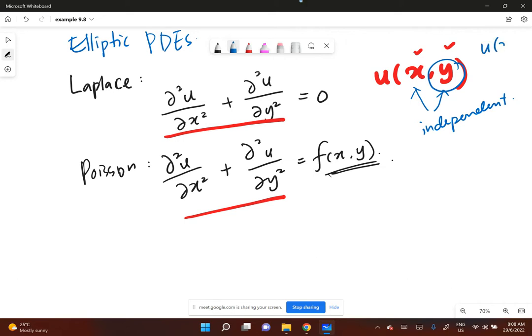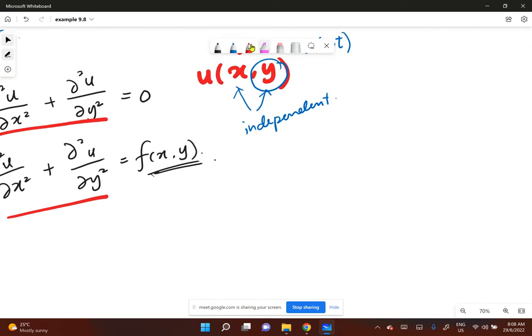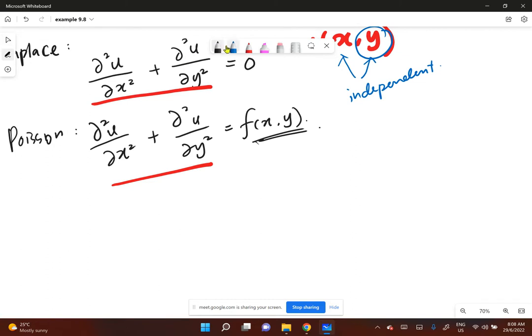So when we drew the grid, the x axis is x, the y axis is t. But now the y axis is y.